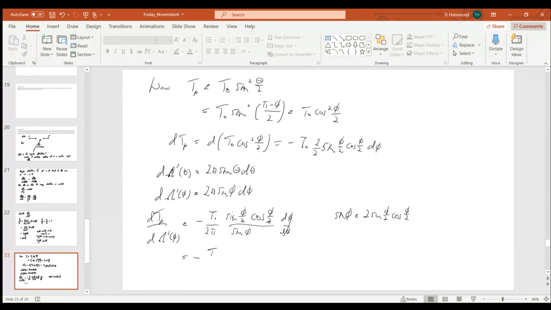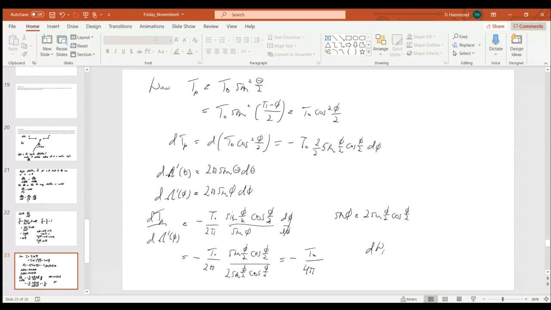So this is going to be negative T naught over 2 pi, sine phi by 2 cos phi by 2 divided by 2 sine phi by 2 cos phi by 2. And so that is negative T naught over 4 pi.